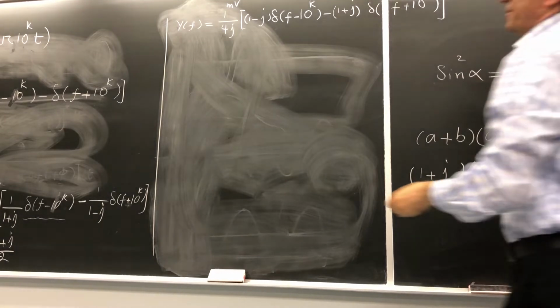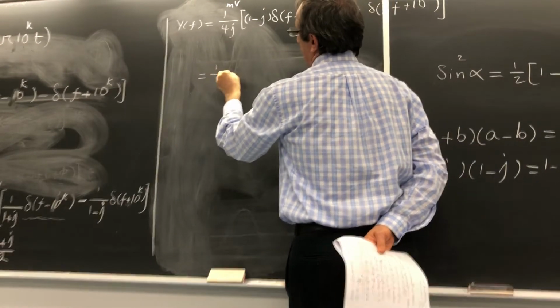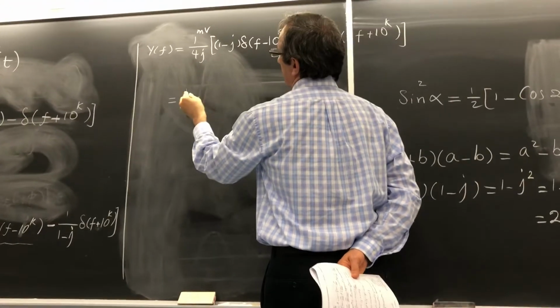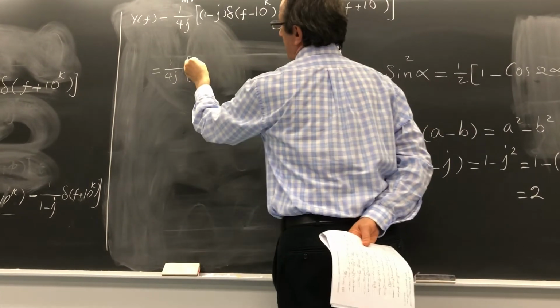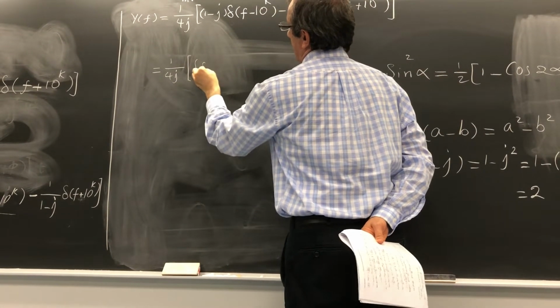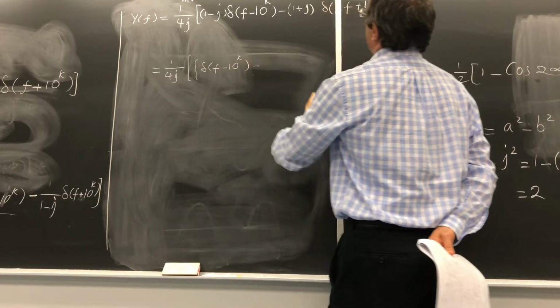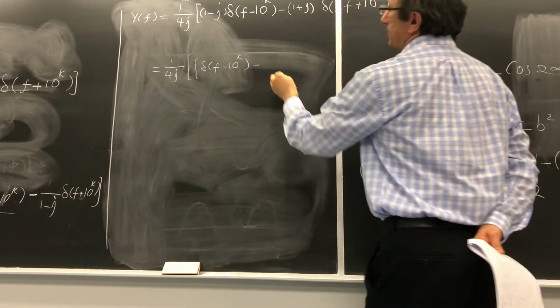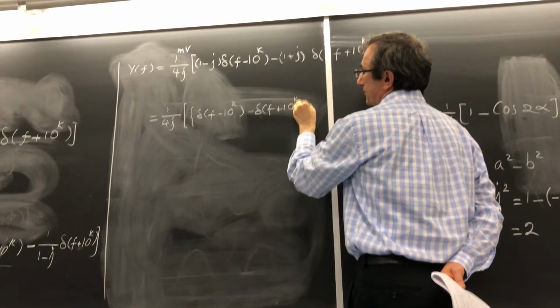Now what we've got is 1 over 4j times delta of f minus 10k minus delta of f plus 10k.